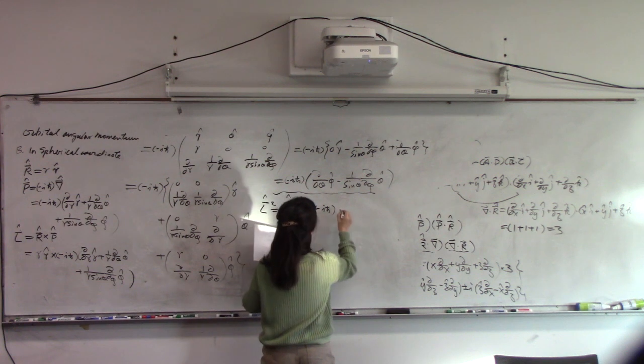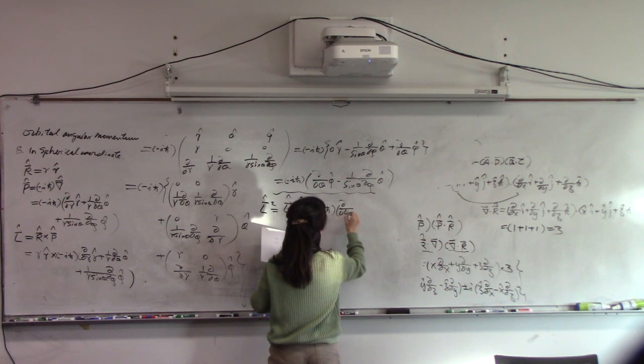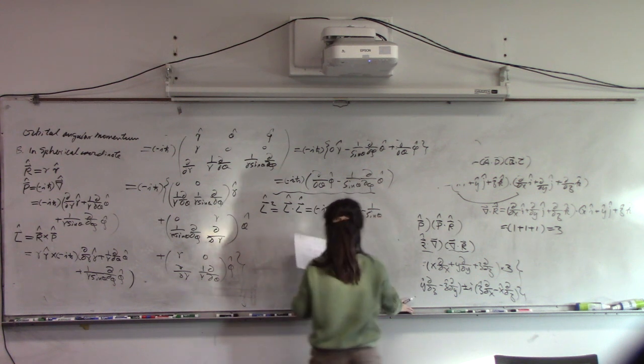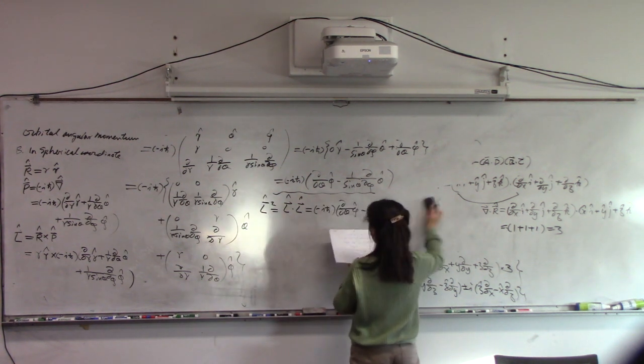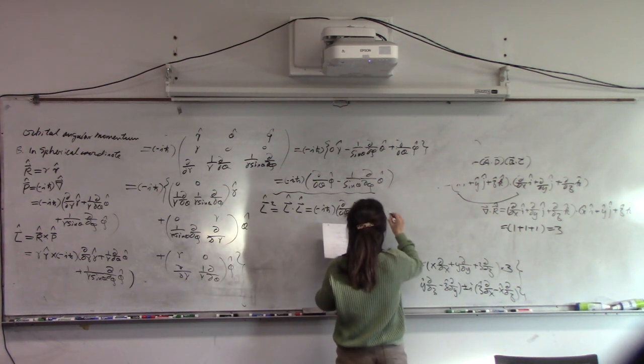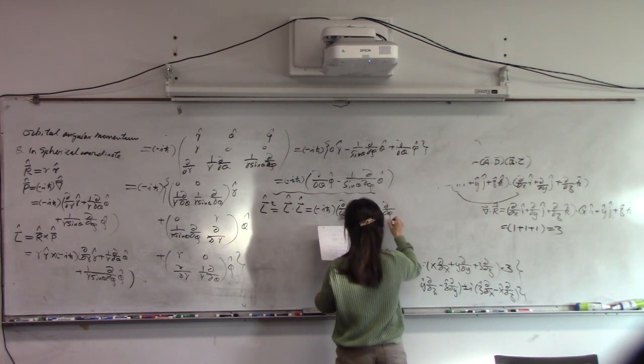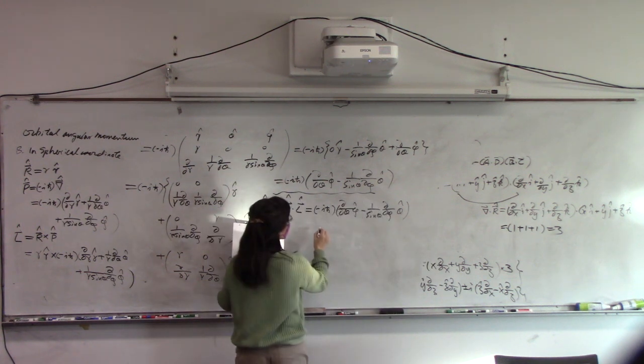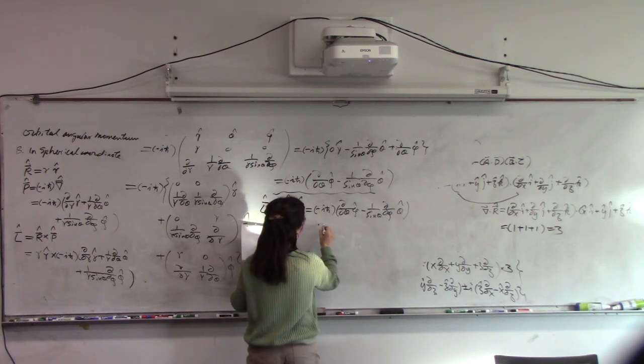So this is L with partial theta phi hat minus 1 over sine theta partial phi theta hat, inner product with itself.